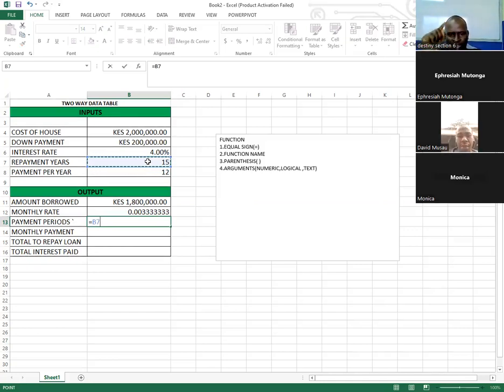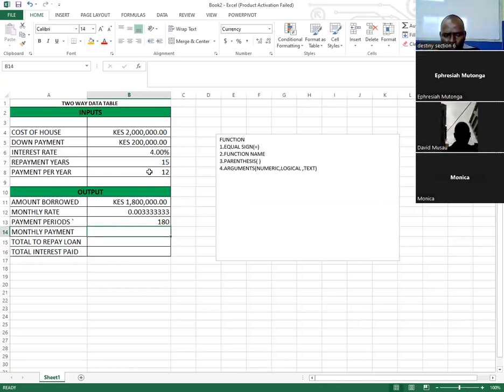So we multiply the years by 12. It means this individual will be paying this mortgage for a total of 180 months. From there, we need to calculate the monthly payment.